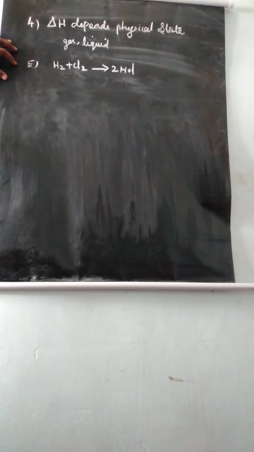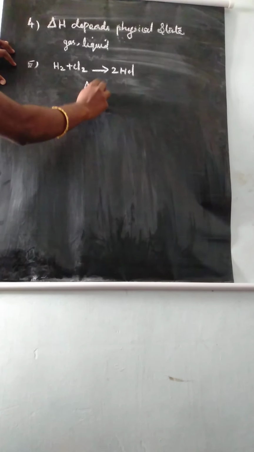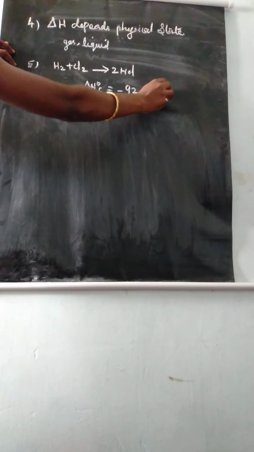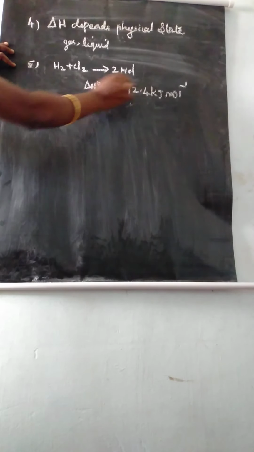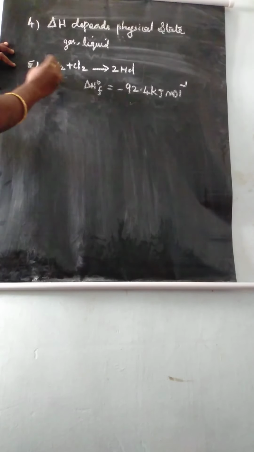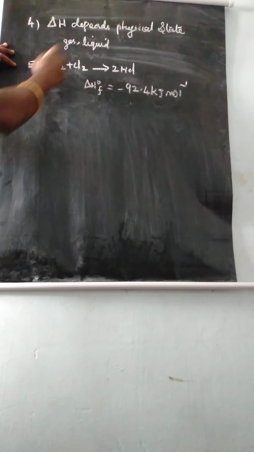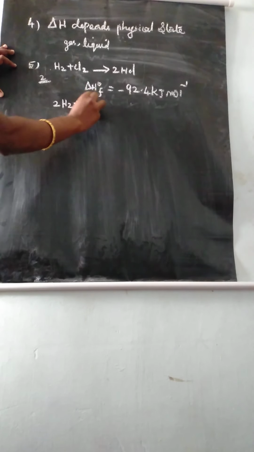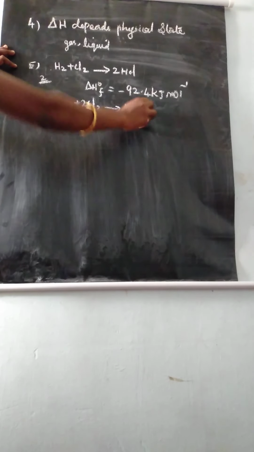Hydrogen plus chlorine gives 2HCl. You know the delta H naught F value is minus 92.4 kilojoule per mole. Here we are telling, listen, the next point: if a thermochemical equation is multiplied throughout by a number, suppose you are multiplying this equation by 2, you will get 2H2 plus 2Cl2 gives 4HCl.